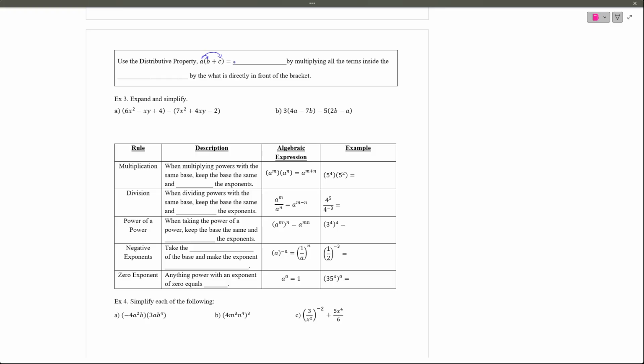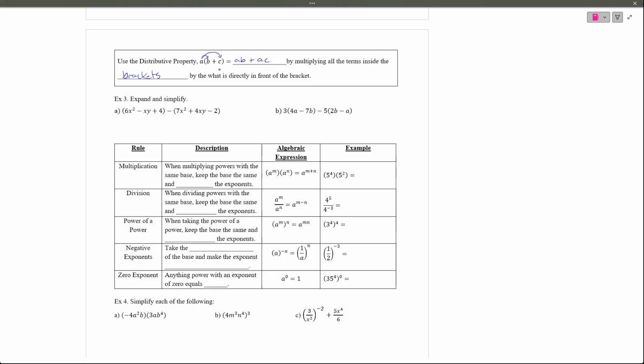Now, if there were more terms, I could keep going. A times d, a times e, and so on and so forth. So this becomes a times b, well, that's just ab, plus a times c. So that's just ac. So we just multiply all the terms inside the brackets by whatever's in front of the bracket.